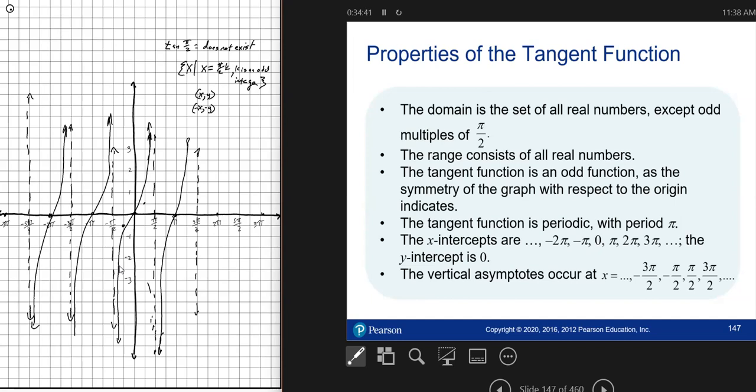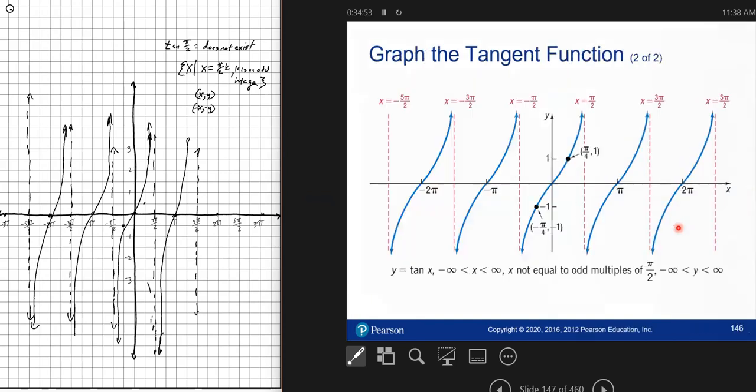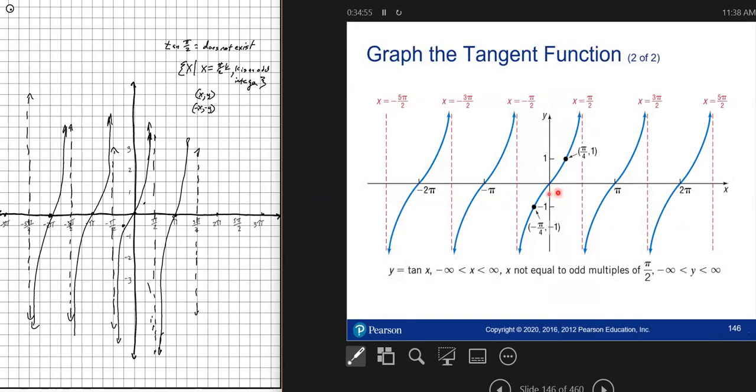The tangent function is periodic with period of pi, which I already discussed, and we can see that quite easily on the graph here, that it just repeats every period, and the period is pi apart.